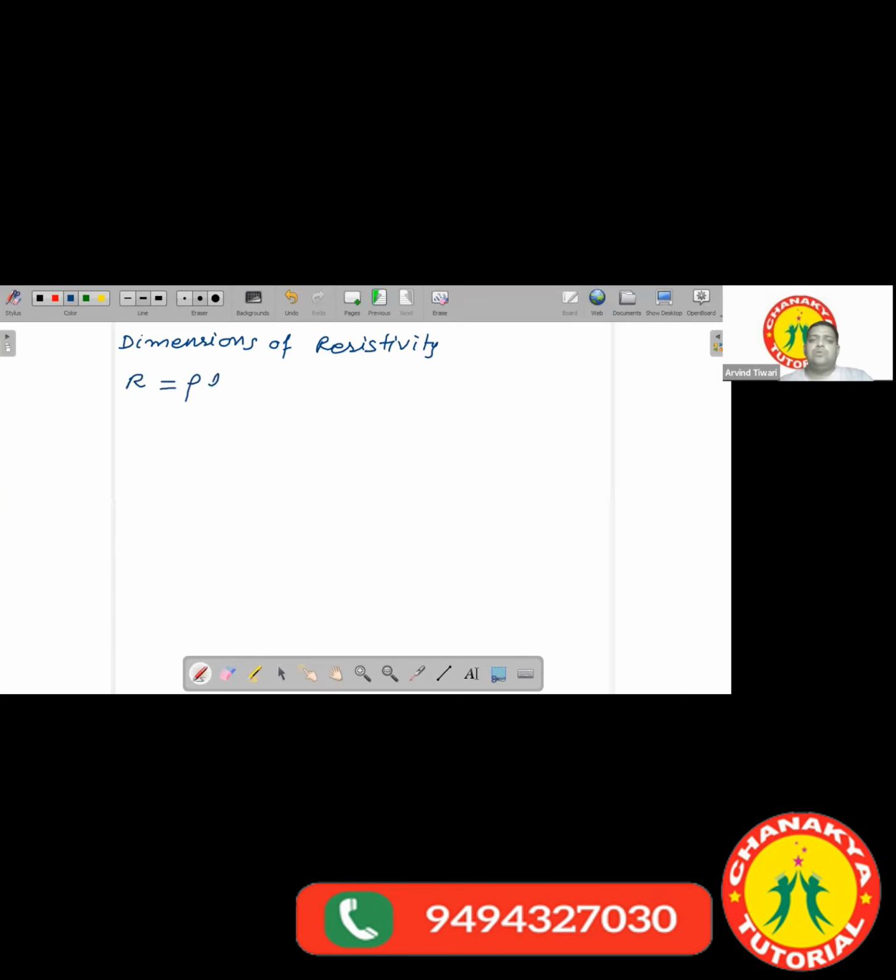R equals rho L by A. You have to find for rho, right? R A over L. This is your rho. Find out the dimensions of R, which is R equals V by I. So for V, we should use the dimensions of V, which we have learned earlier. Okay. So V is given by W by Q.